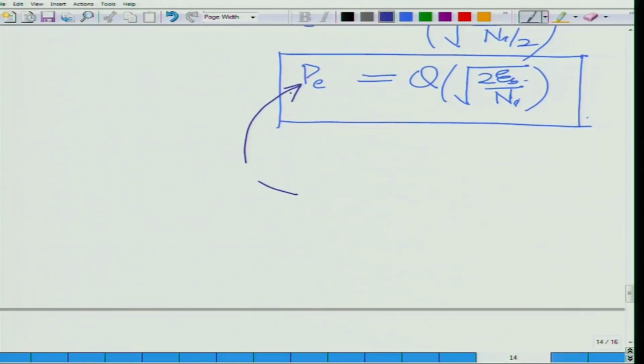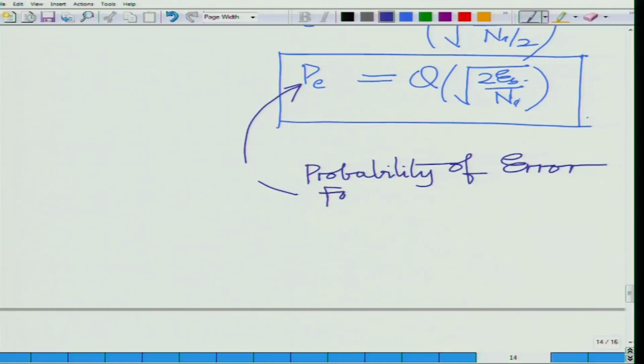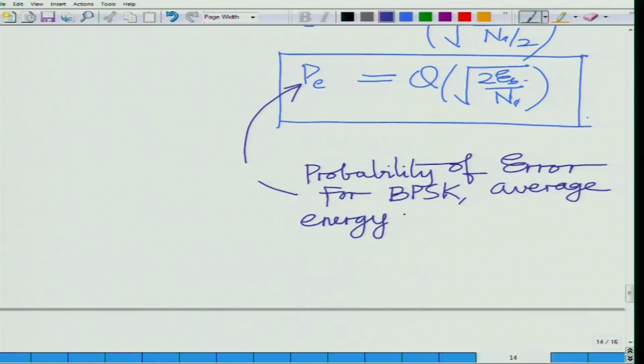In fact, this is also one of the most fundamental systems, because BPSK, as you have seen, is a simple modulation scheme, and is very efficient and very robust. So, this is the probability of error for BPSK with average energy per bit equals E b.